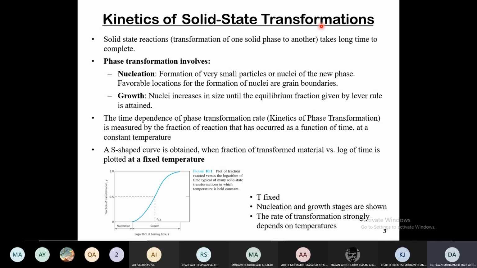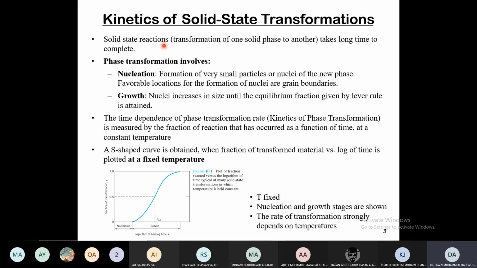That is, how does the phase transformation depend on time. The kinetics is measured by the fraction of the reaction that has occurred, or the fraction of the transformation that has completed, with respect to time. All right, so let us start that.